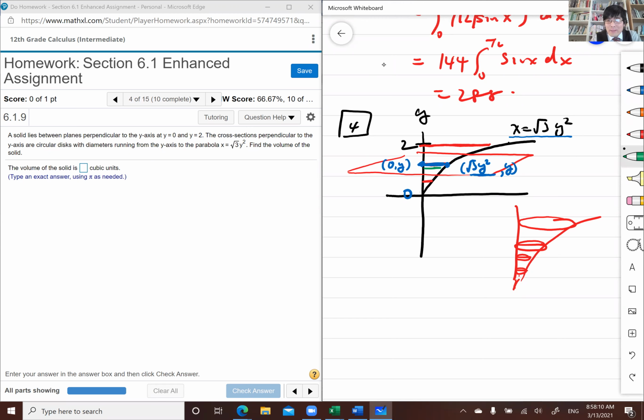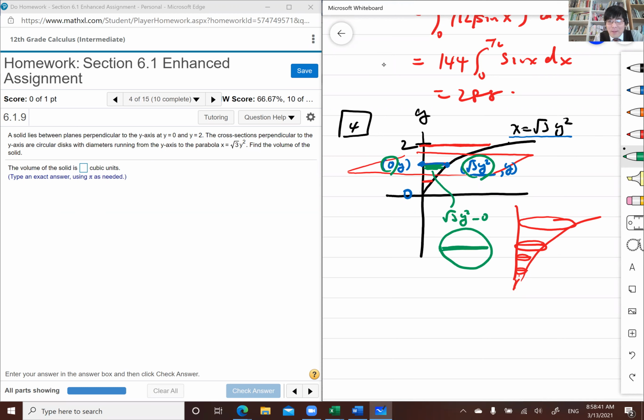The length here is the horizontal difference, so we can find the difference of the right point minus the left point to find the length. We take the right x coordinate minus the left x coordinate, and that's going to be the length of this segment. And that's going to be the diameter of the circle.